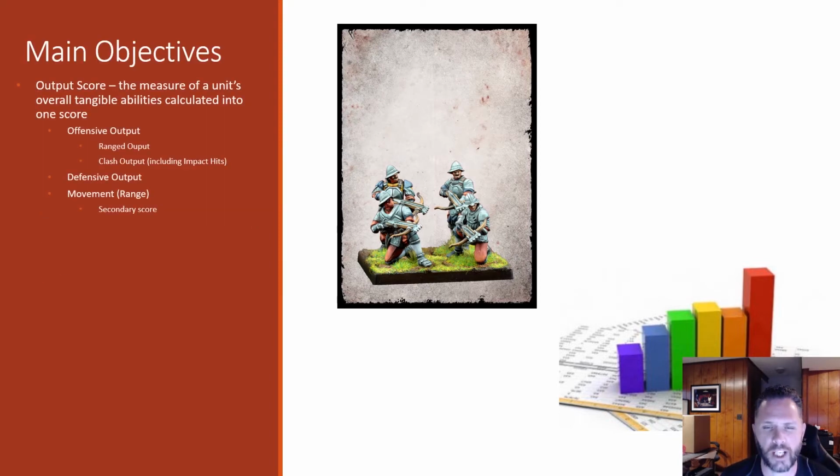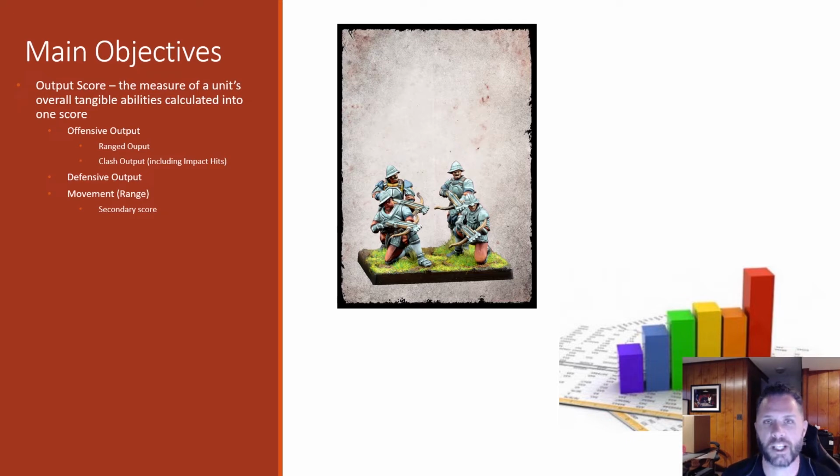All right, main objectives. What are we looking to get out of this? Well, there's a few scores I'm looking for. Number one, I'm looking for an output score. That output score is what I use to weigh a unit's overall baseline math. So it's overall how powerful is it from a baseline perspective.